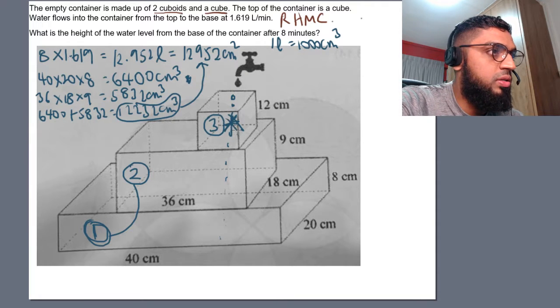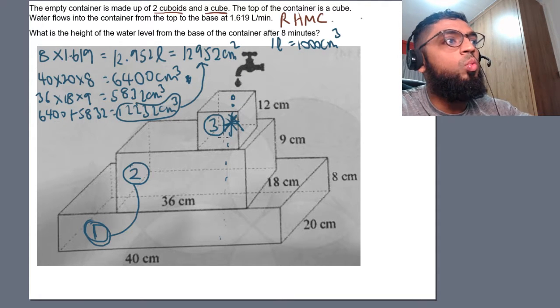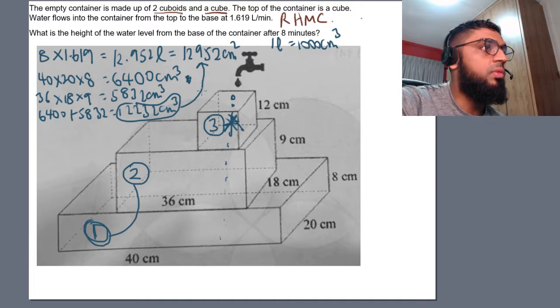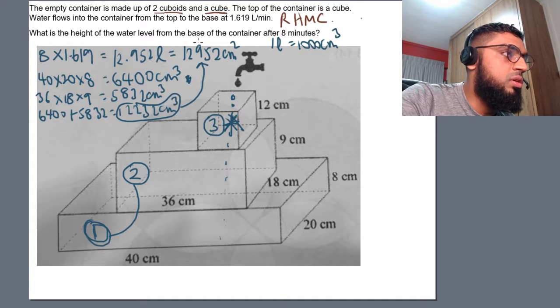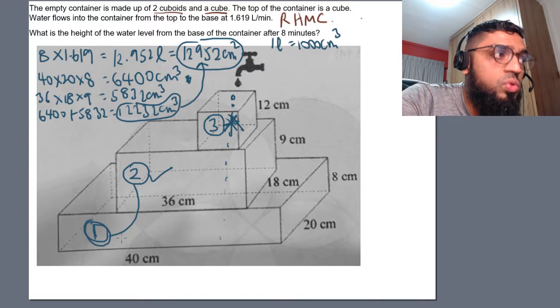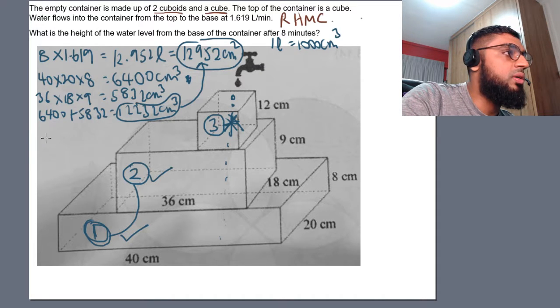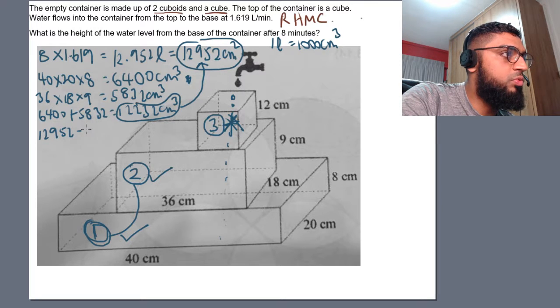So there's some extra water that will be pushed up into the cube, which is section number 3 here. How much water will end up in cube number 3 is just the difference between the volume of water that I have, subtract away cuboid number 2 and cuboid number 1. So it's 12952 subtract away 12232.